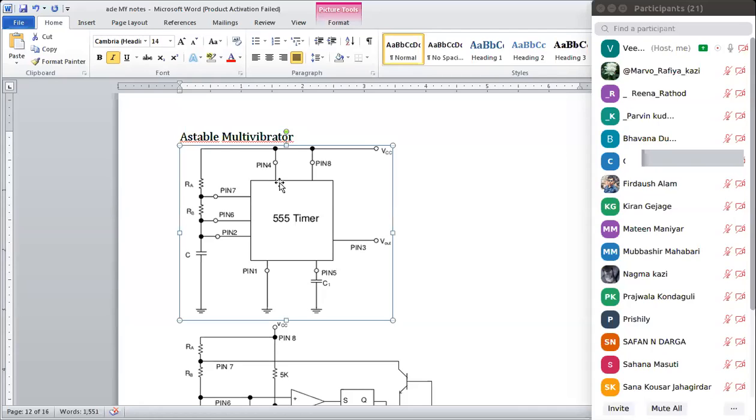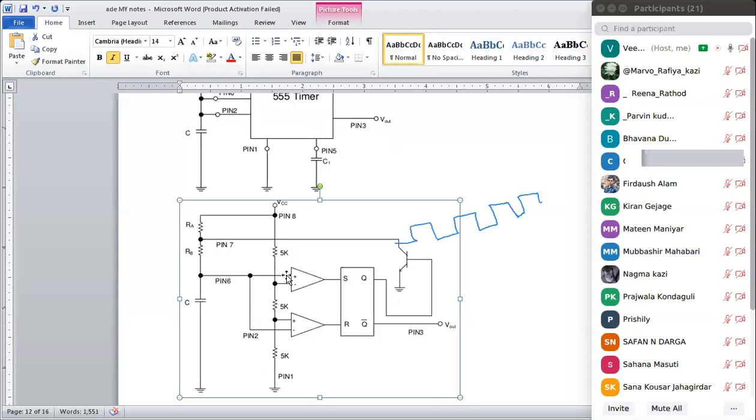Pin 4 and pin 8 are directly connected to VCC, whereas pin 3 is Vout, the output port, where we are going to get continuous free running clock pulses.